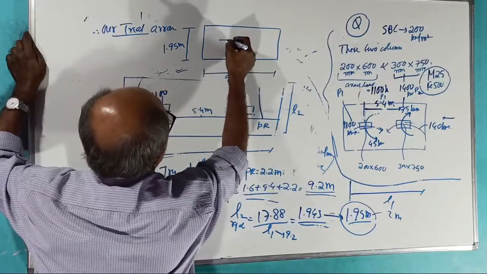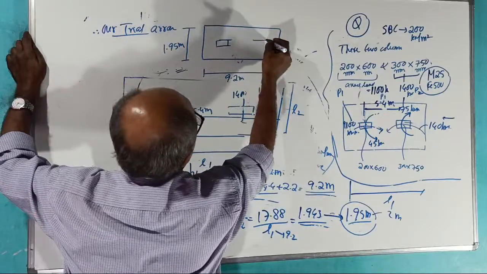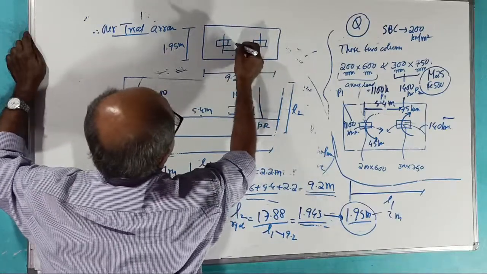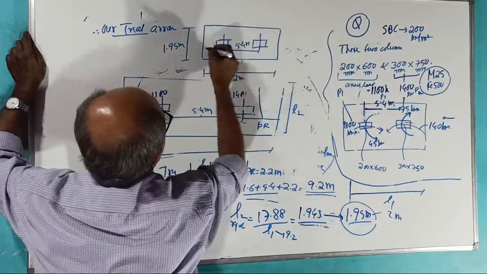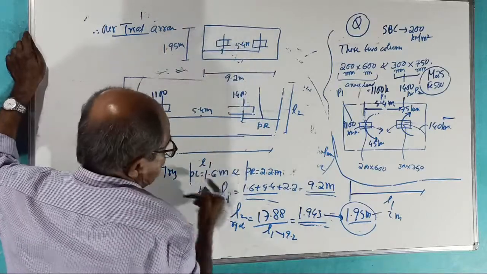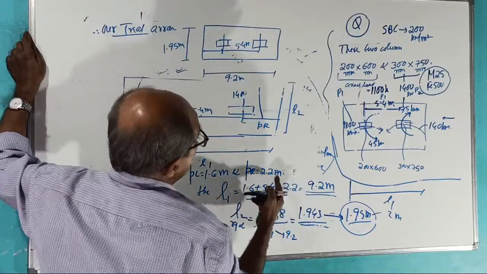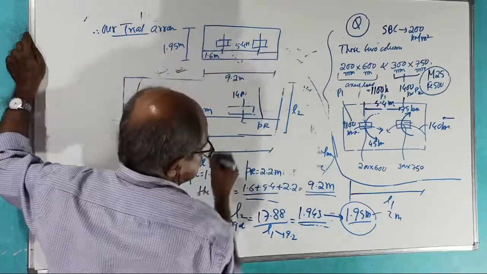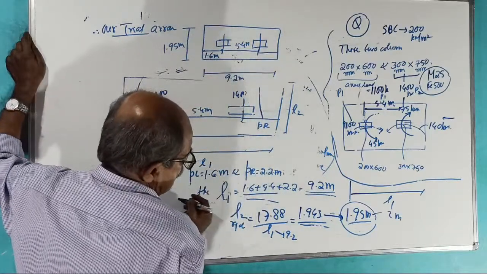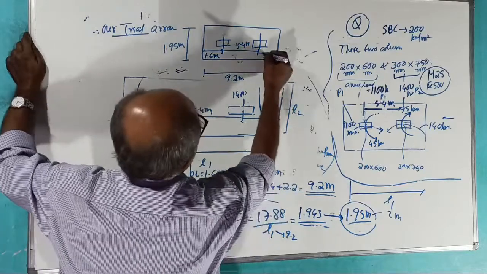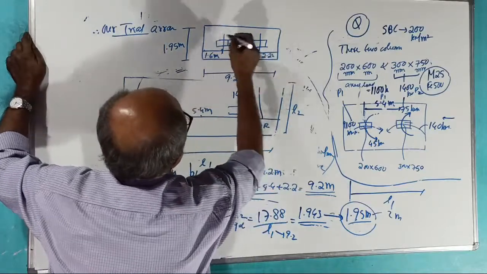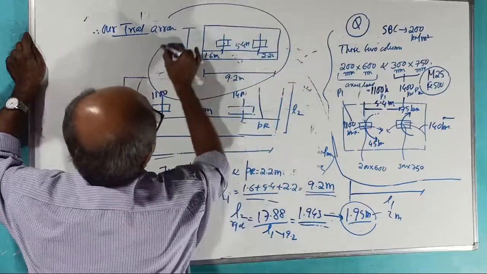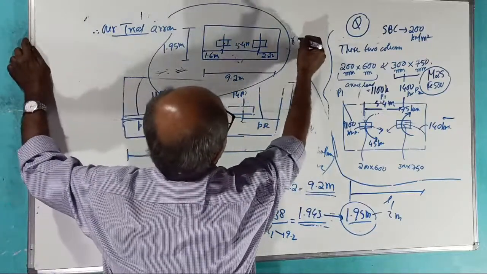One column here, one more column here, spacing between the columns is 5.4 meter. We have decided the left projection of 1.6 meter and the right projection of 2.2 meter. And now the question has correctly reached our raft footing plan.